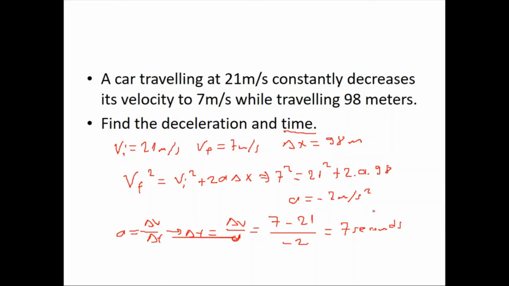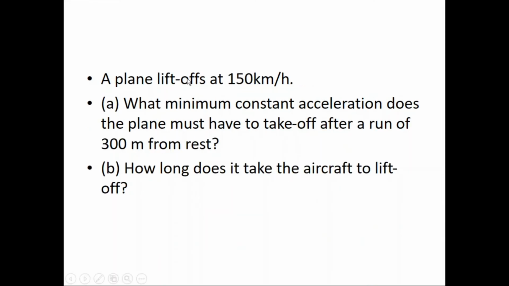Okay. This is the last question. A plane lifts off at 150 km per hour. What minimum constant acceleration must the plane have to take off after a run of 300 meters from rest? How long does it take the aircraft to lift off? Let's first write the givens. Let's write it here for saving the space.